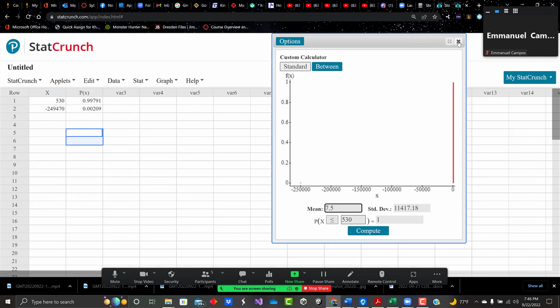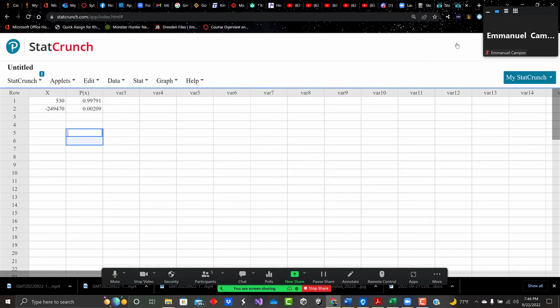We could do another set if we wanted to look at the roulette. So I will call this payout, and we'll call this P of payout. That way when I'm picking from the table, it's easy to see. This was 35 and this was -1, and we had 0.0263 and 0.9737.